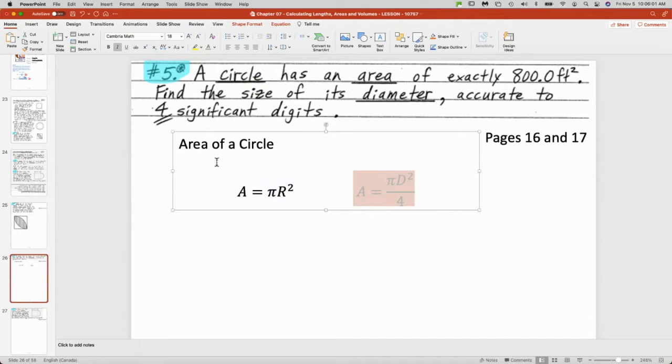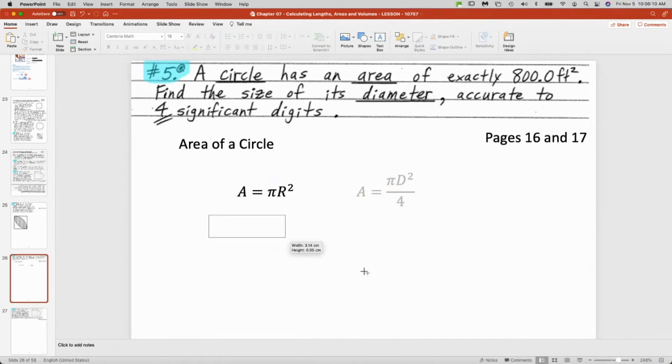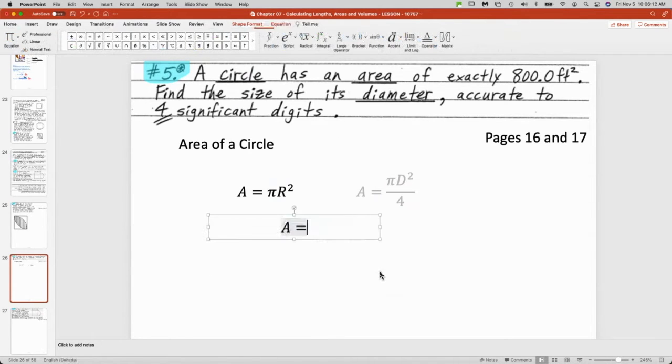Let's find the radius of the circle using the first formula. The area is given to us as 800, and now we have to solve for the radius.